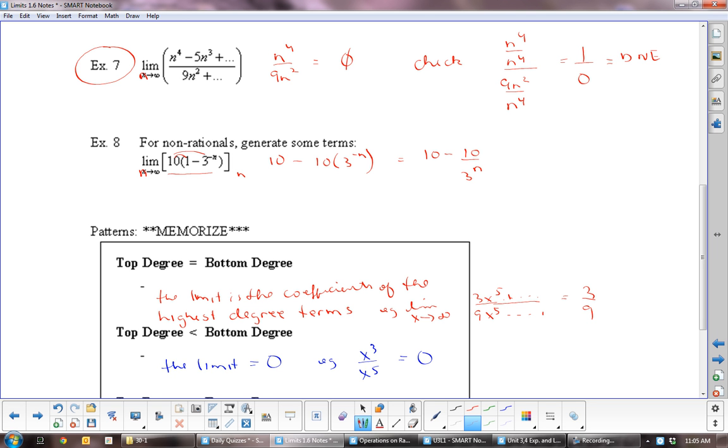I guess the limit as n goes to infinity. Okay, what would be the answer to this then? It would be 10 minus 0, which equals 10. Oops, was there a negative 10 in there? No.